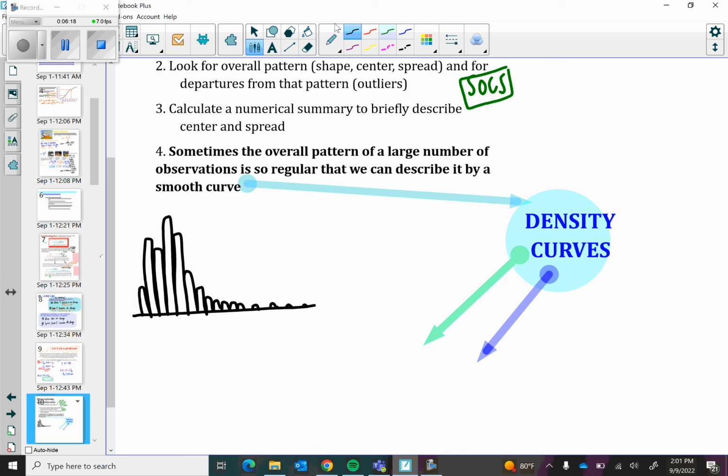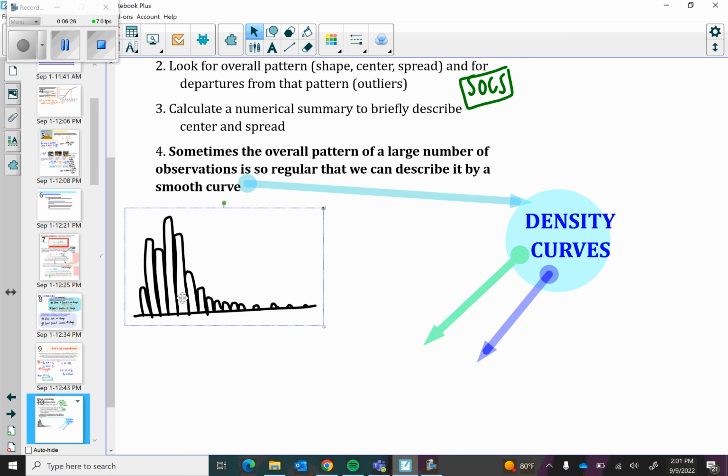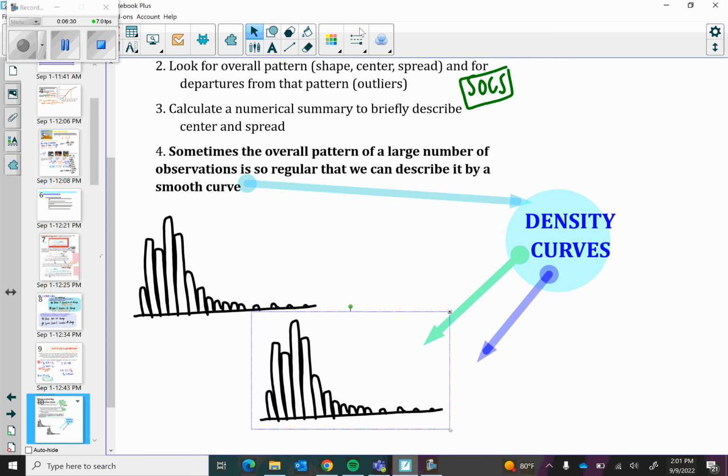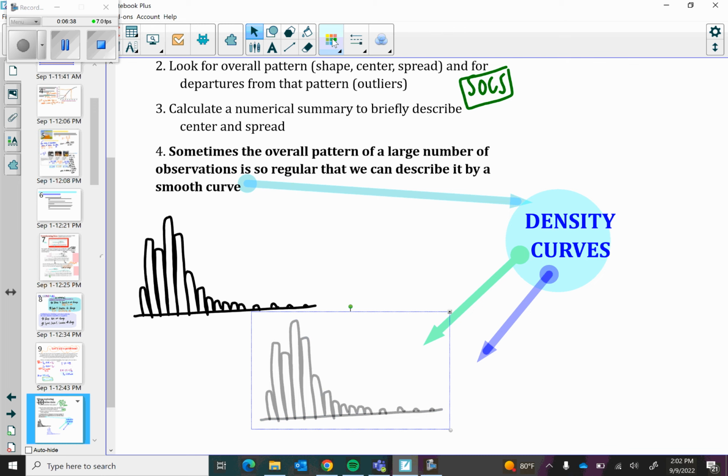Well, this histogram here, and any histogram really, can be made into something called a density curve. It's very simple. A density curve is simply a rough outline of the curve. Oh, I did not want to do that. Sorry, I was not trying to change the color.